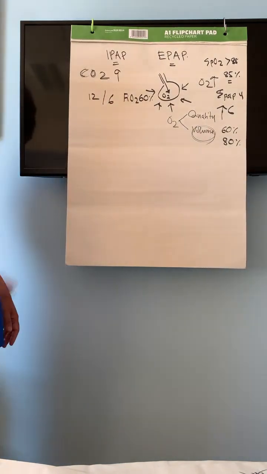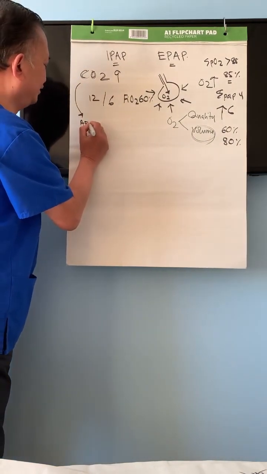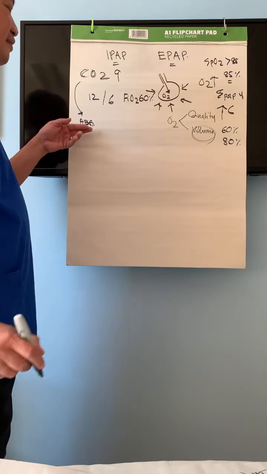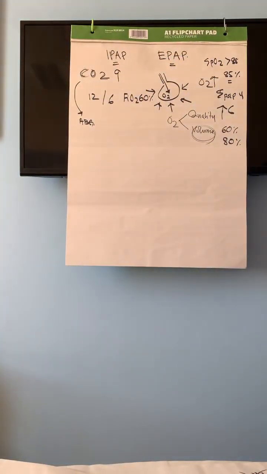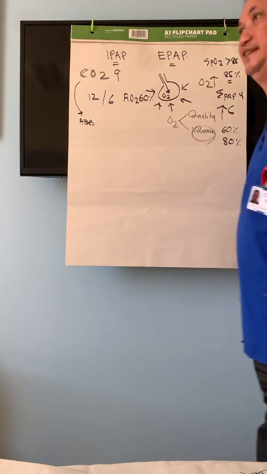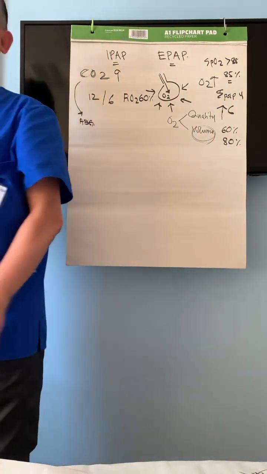After setting the BiPAP, you need to repeat the ABG one hour later, because we need to know whether our setting is right or wrong, or whether adjustment is required.